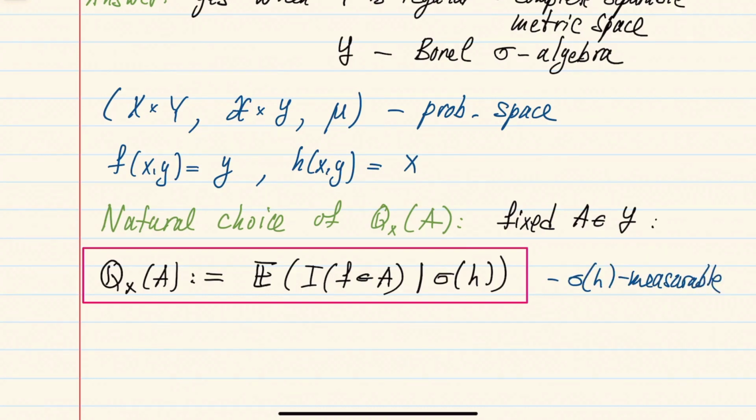And the sigma algebra generated by the first coordinate just consists of rectangles of the form b times y, so you have no constraint on the second coordinate, for all measurable sets b in the sigma algebra on x. And of course, it's easy to see that a function on the product space, a function of two coordinates x and y, which is measurable with respect to the first coordinate, must be a function of the first coordinate.